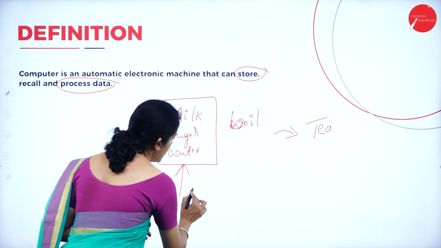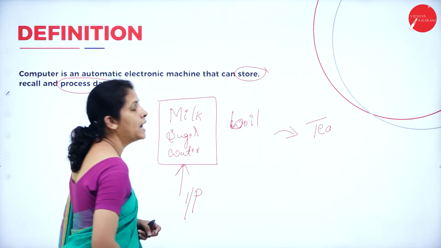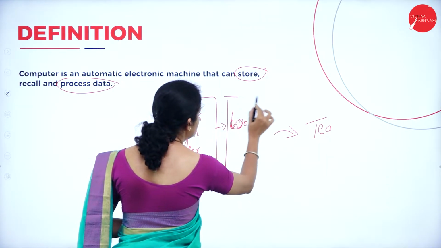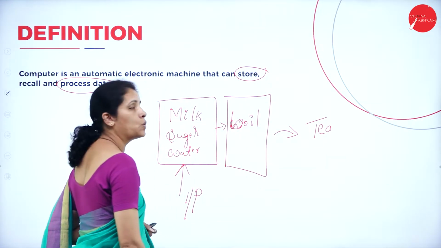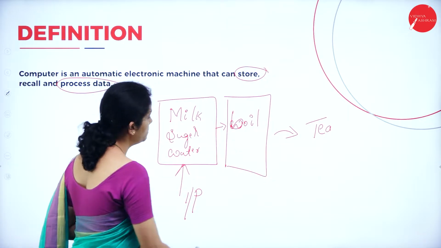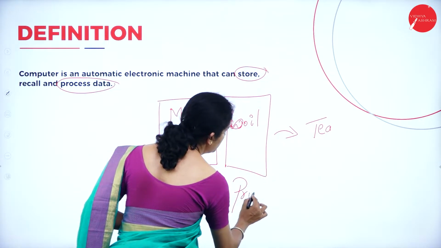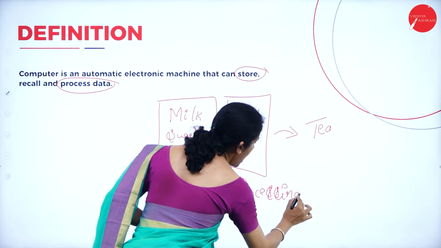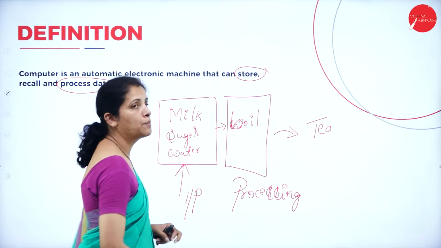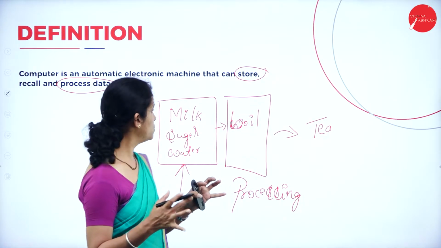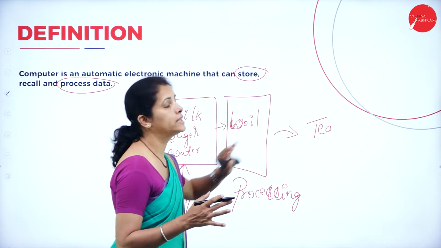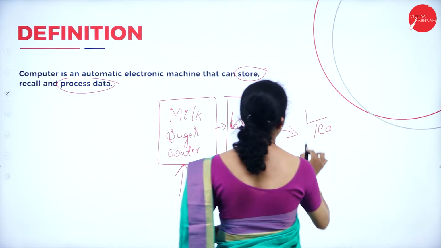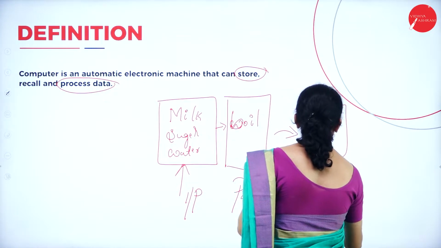And if I consider the boiling process, then it is nothing but processing. After processing, I'm going to get the output. So after boiling, I'm going to get the tea. Similarly, after processing, I'm going to get the output.